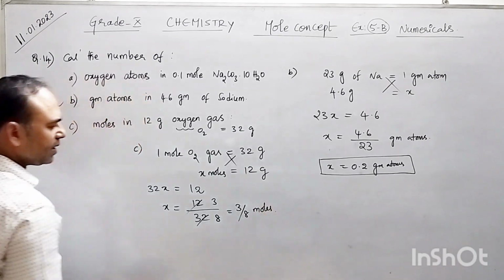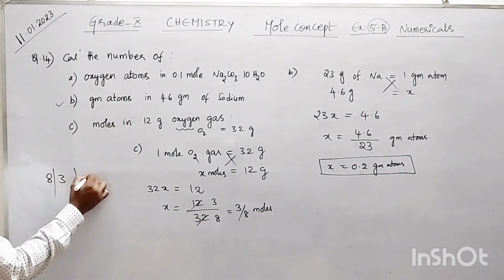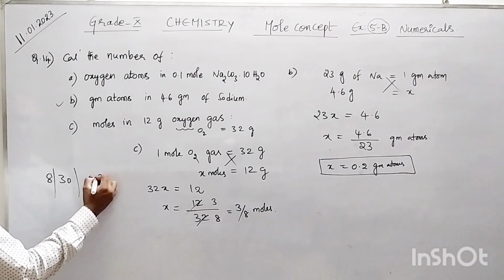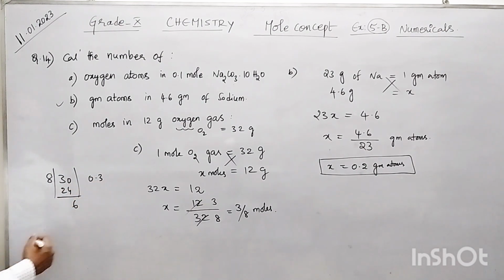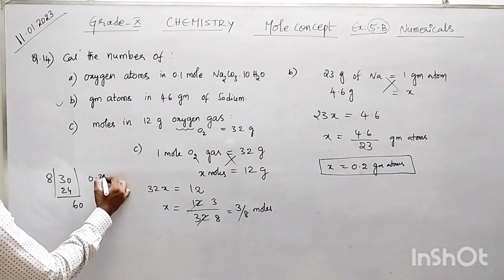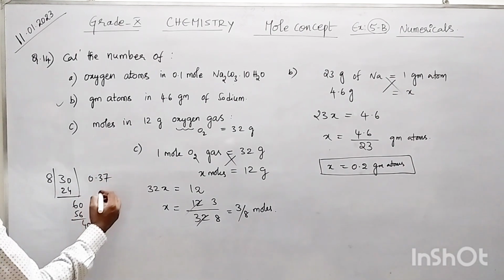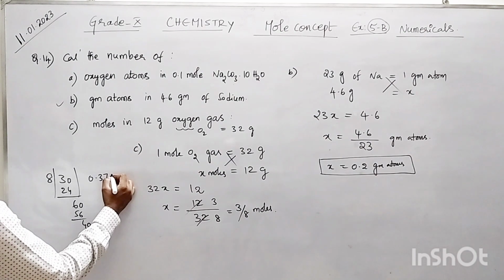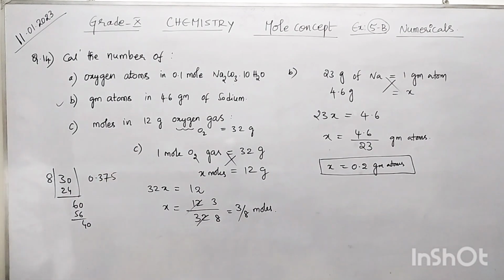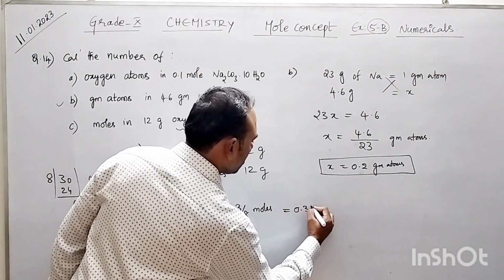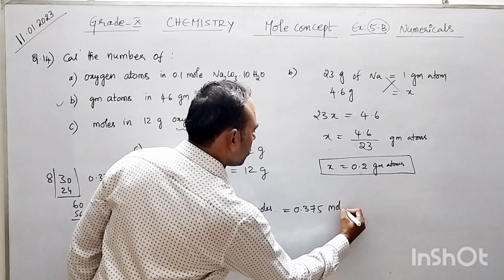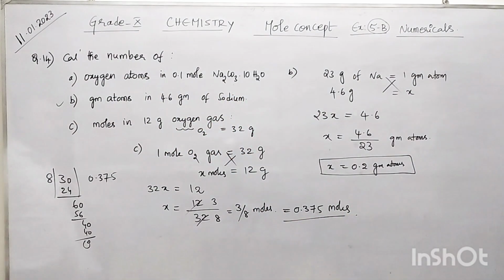If you still calculate this, 0.375 moles of oxygen gas. Hope you have understood this. So copy the solution. Next, let us move to question number 15.